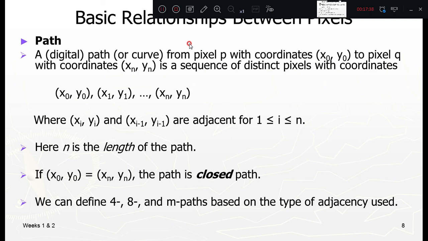We need to find the connectivity between the two neighboring pixels, and we will give the values. Now in today's class, I just gave the theoretical concept of how we find the neighboring pixel path. In the next class I'll solve problems related to 4, 8 and m adjacency, so that you can understand this in detail. Thank you.